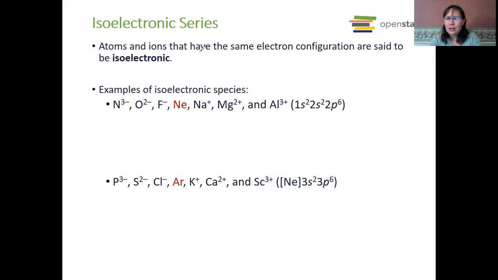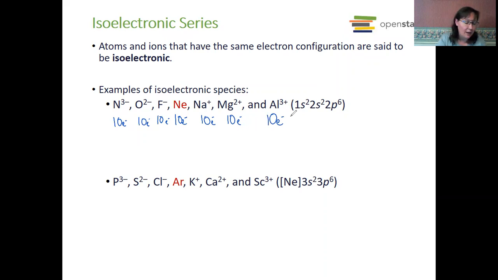First of all, if we look at our periodic table, we can see that neon has 10 electrons. Fluorine, oxygen, fluoride, oxide, and nitride also have 10 electrons. Sodium loses one, so it has 10 electrons. Magnesium has 10 electrons, and aluminum has 10 electrons.